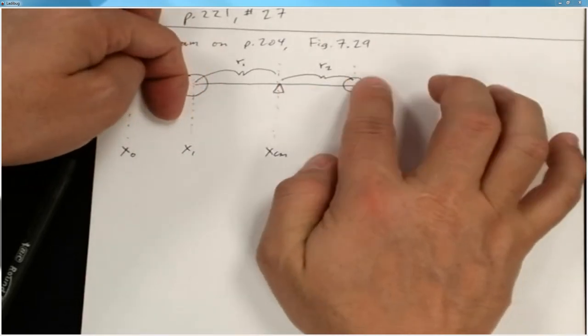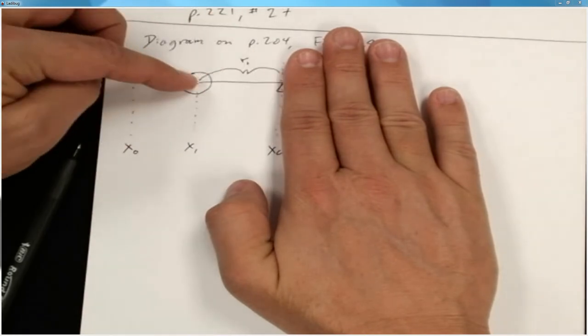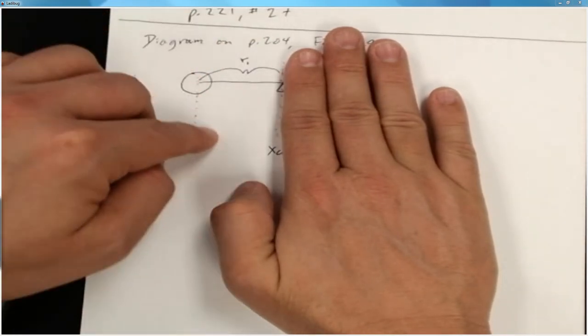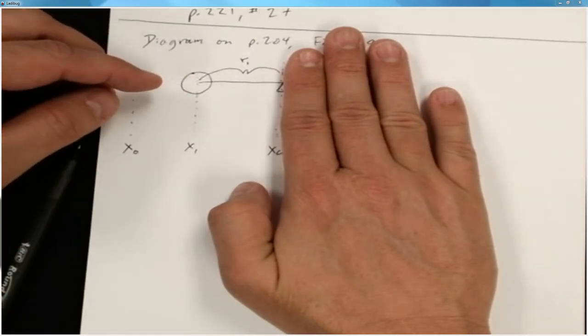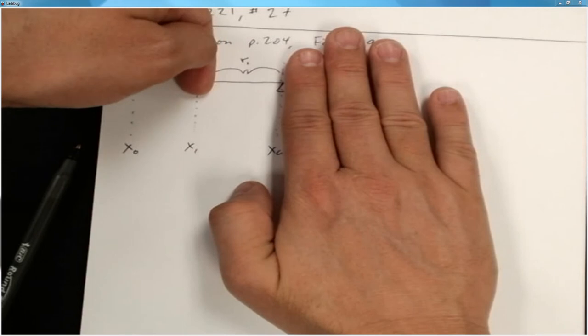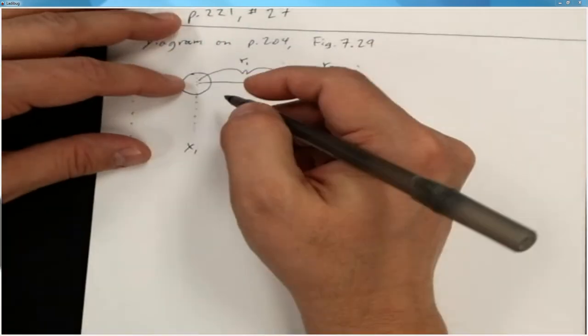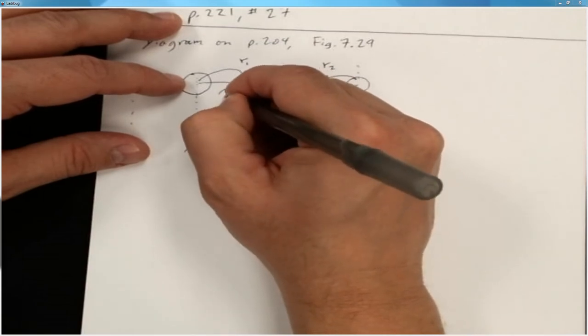If I could make this disappear, how would this pivot? Would it pivot clockwise? Would it pivot counterclockwise? Or would it not pivot at all? If you think about it, it's pretty obvious. It would pivot counterclockwise, and in physics and math, counterclockwise is positive. So this would be a positive torque.